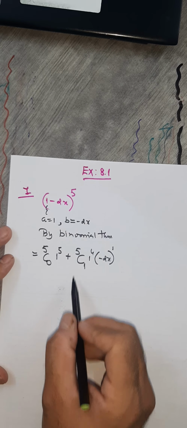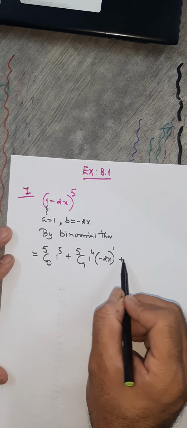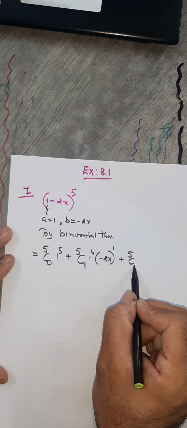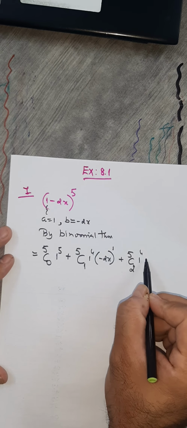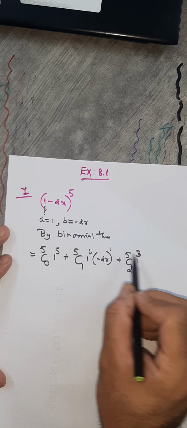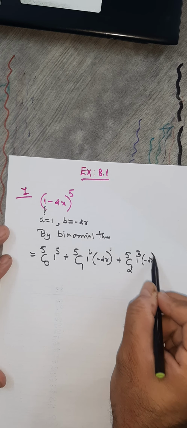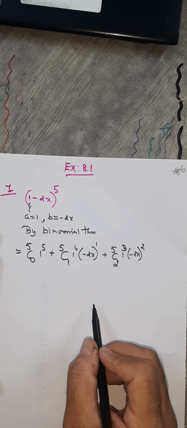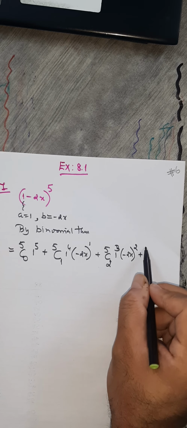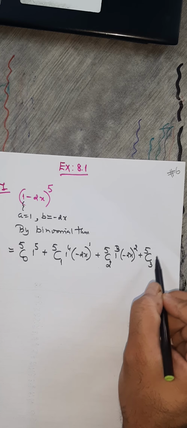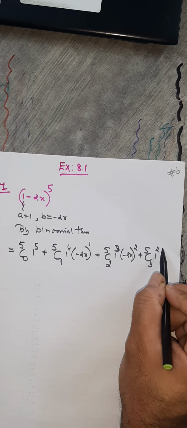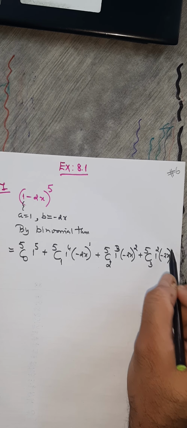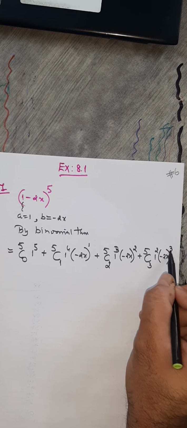Total power should be this index, plus 5C2, 1 raised to 3, into (-2x) the whole square. Then one more term, 5C3, 1 raised to 2, and (-2x) the whole raised to 3, where we are going to increase the power.